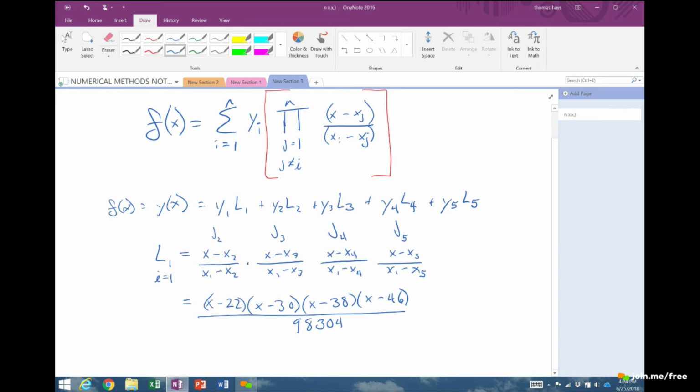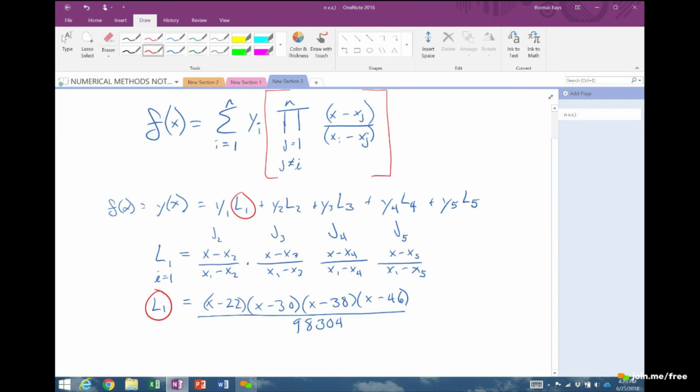So that would be the final form of the L1 term. Now, unfortunately, I have to remind you that this is only L1. This formula has to be gone through 4 other times, L2, L3, L4, L5, in different forms until you finally have all of the solutions necessary to finish things up.